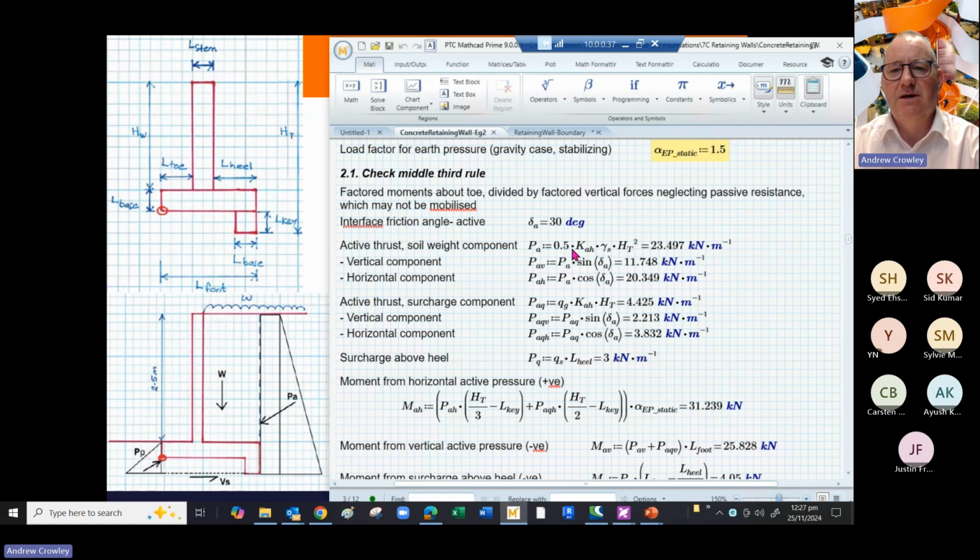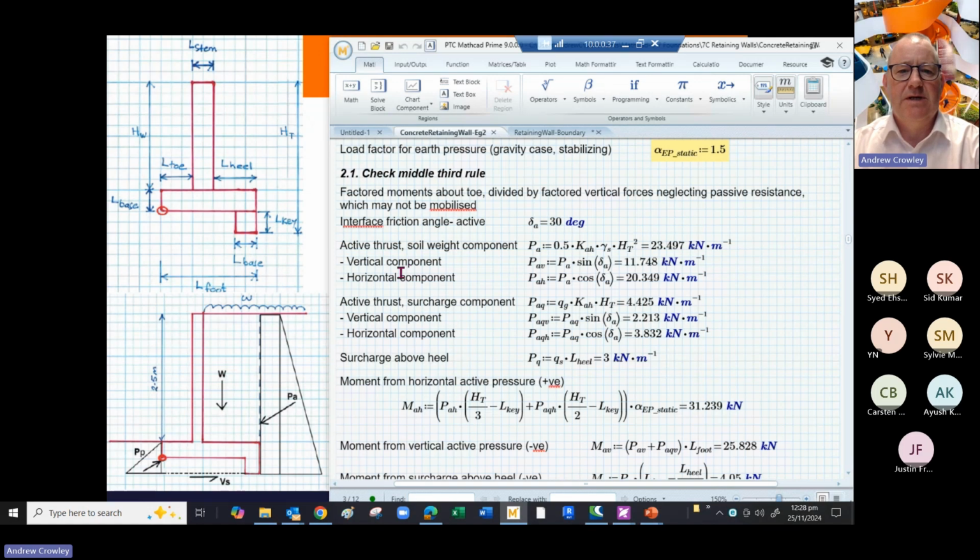We take half of it because it's a triangular distribution. There is, of course, a vertical and a horizontal component to these because the active earth pressure is acting at an angle.